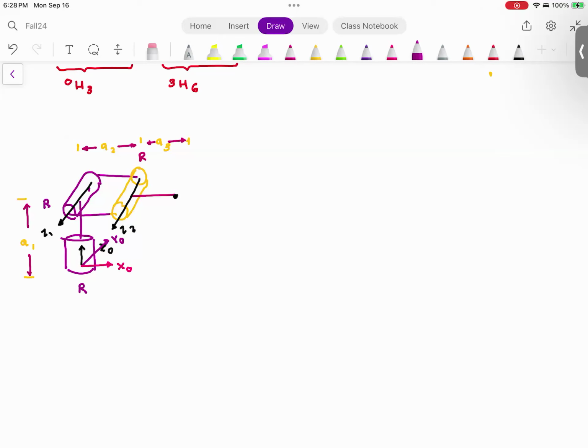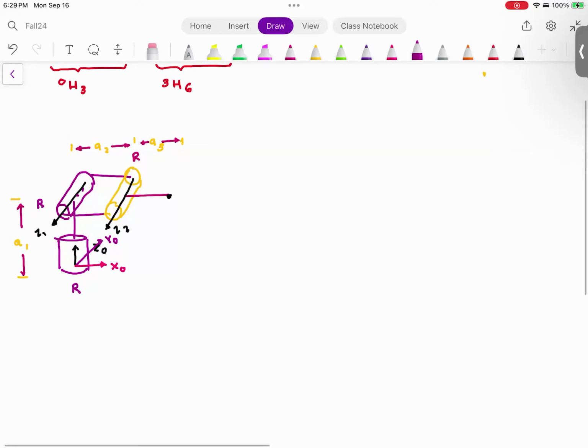Now second coordinate frame, I need to find out x1. So x1, remember the rule, x1 should intersect with z1 and z0. And you can see that is only possible if I use my x1 something like this.